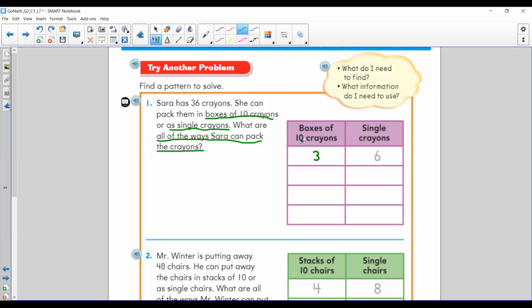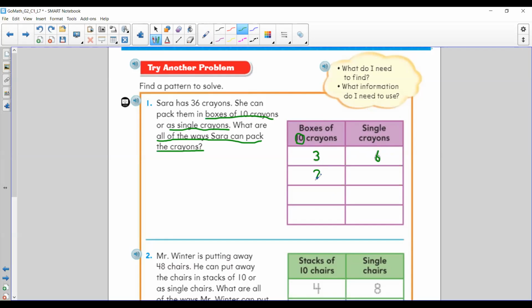Now notice here's the 10 and it's on the left. So this is almost like the 10s and here's the 1s. Another name for 1 all by itself is single. And so the 1s would be over on this side. Now, if we take one of the 10s away, what is 3 take away 1? How many 10s will we have left?